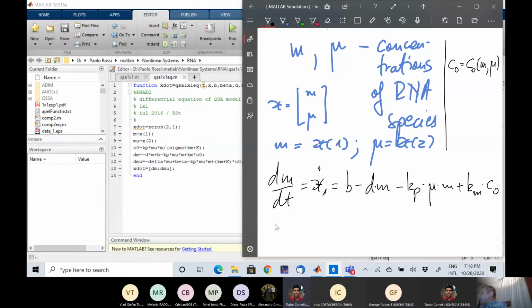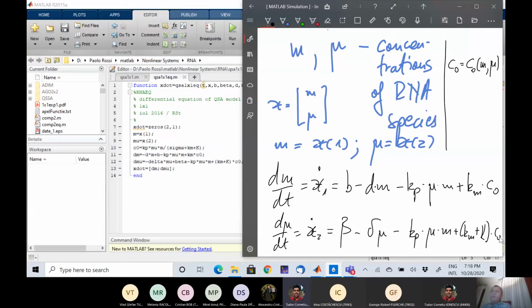Yeah, and yes, the other equation, the derivative of mu, which is x2 dot, will be beta minus delta mu minus kp mu m, and now another constant, plus km and plus a big K multiplied again by C0, right?